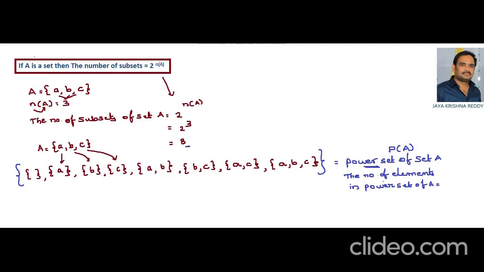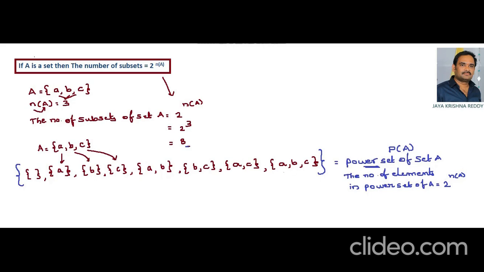So the number of elements in the power set of A is also equal to 2 to the power of n(A). The number of subsets and the number of elements in the power set of A are both equal to 2 to the power of n(A), because the elements of the power set are nothing but the subsets of A.